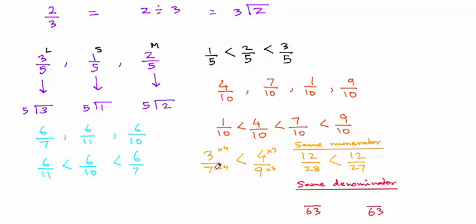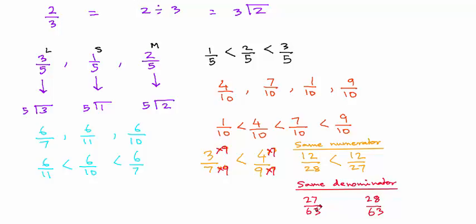And to do that, you multiply 7 with 9. I'm just going to overwrite the previous one, same numerator. And so you have to multiply 3 with 9 as well to keep the fraction equivalent. And 3 times 9 is 27. So this is 27 over 63. That's the equivalent form of 3/7. And similarly, you multiply 9 with 7 to get this 63, and multiply 4 with 7, so this becomes 28.